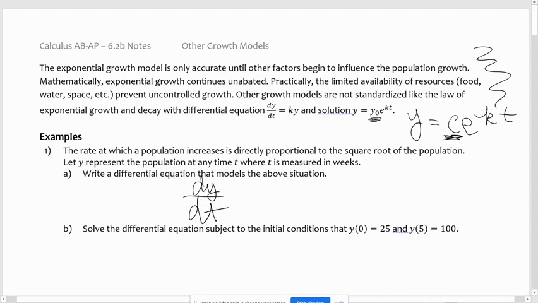So that's dy dt equals directly proportional to the square root of the population. So that would be the square root of y. But there could be a constant associated with that. So I'm going to put a k there. All right, so that's our differential equation.